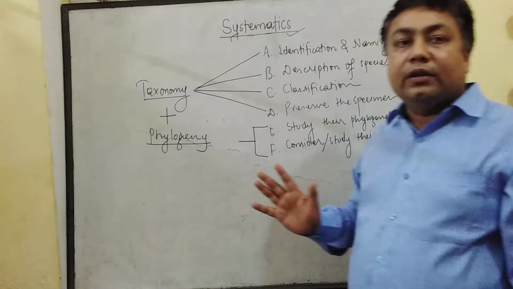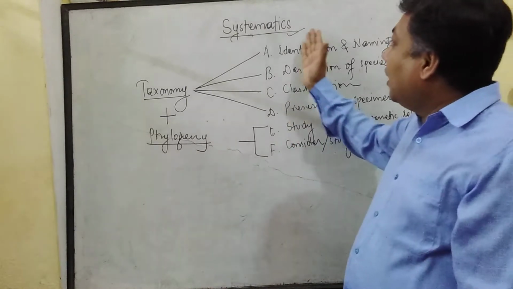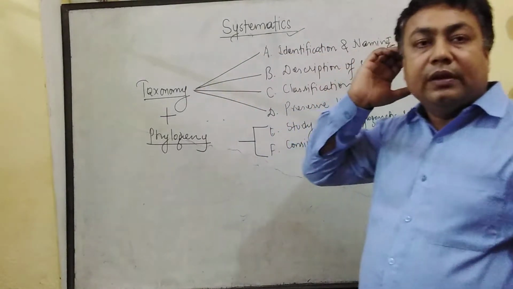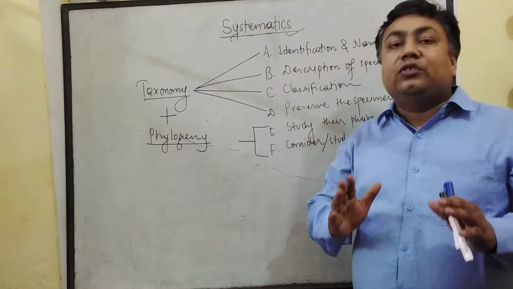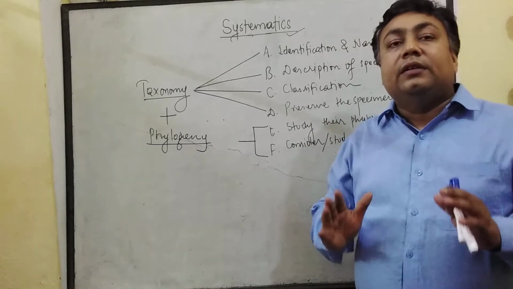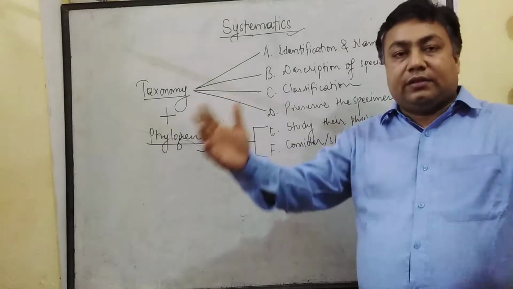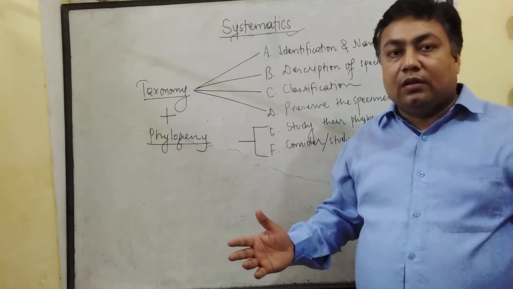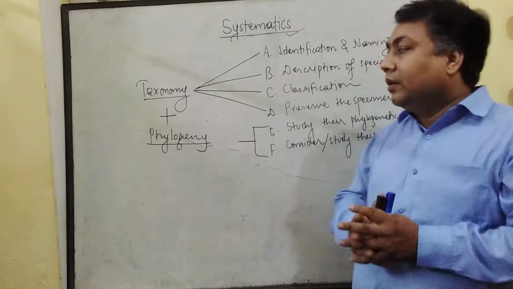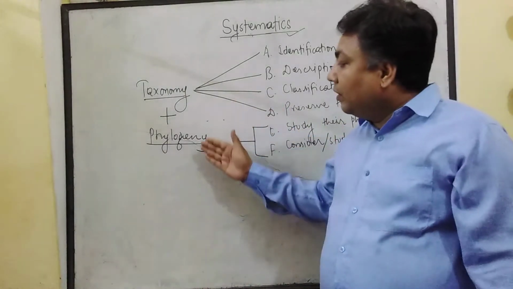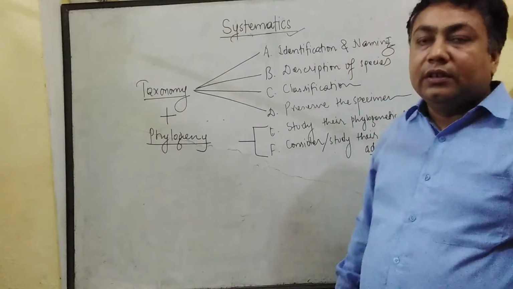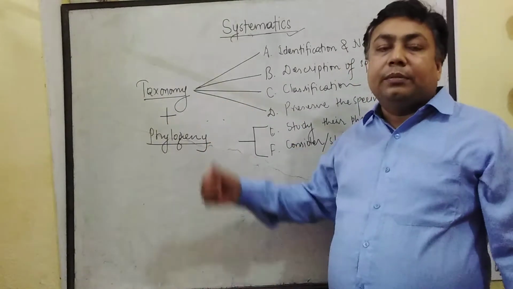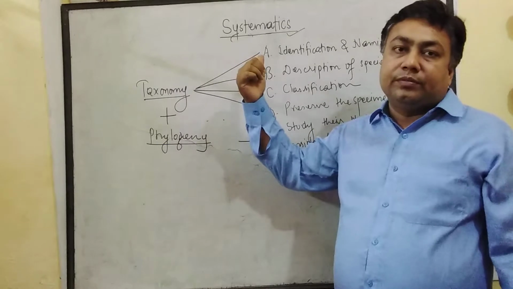Now I think you are clear how systematics is different from taxonomy. Systematics is not different but just a wider dimension, which adds the phylogenetic study to taxonomy, and then it becomes biosystematics.